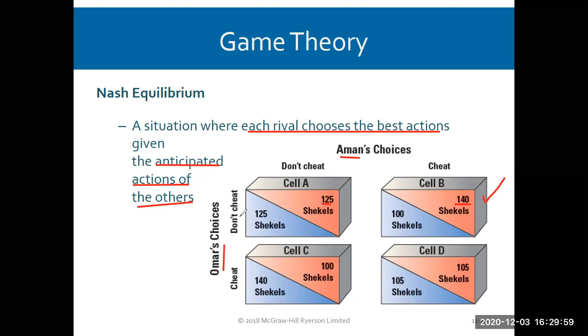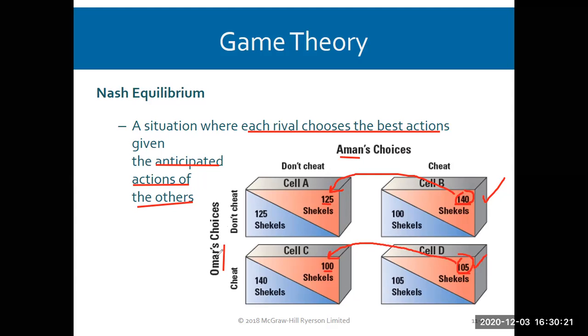But wait a sec. What if Omar does cheat? Well, then Aman only gets 100. But if they also cheat, they get 105. So in both cases, Aman would rather cheat because compared to the non-cheat amount, they make more by cheating.